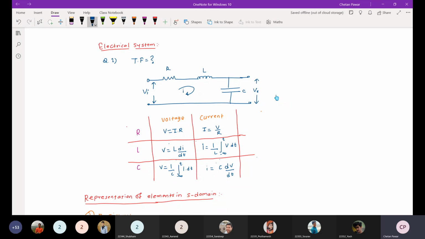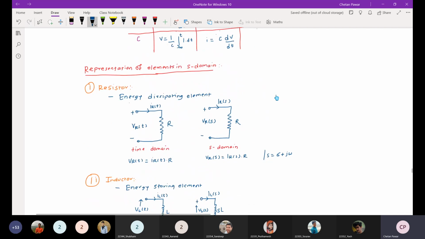The other method is that you can convert this circuit into the Laplace domain, and just apply the KVL and find out the transfer function. For the second method, we need to find what the representation of these elements, R, L, C, is in the S domain.